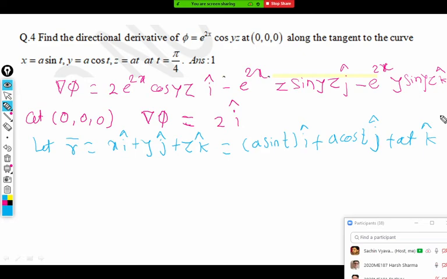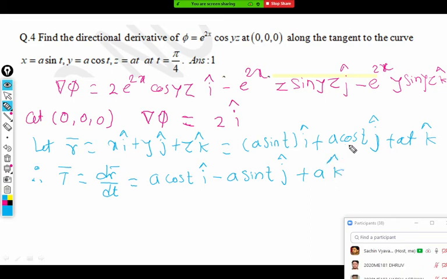We differentiate it with respect to t, that is dr by dt. Therefore, the tangent t bar is dr bar by dt. Differentiating, it becomes a cos t i cap minus a sin t j cap plus a k cap. So that is the tangent vector t bar.